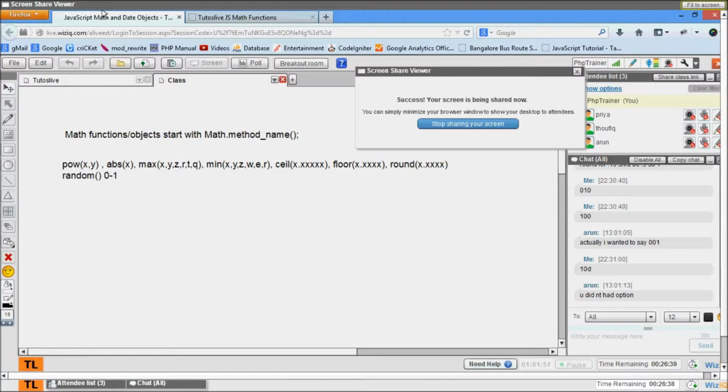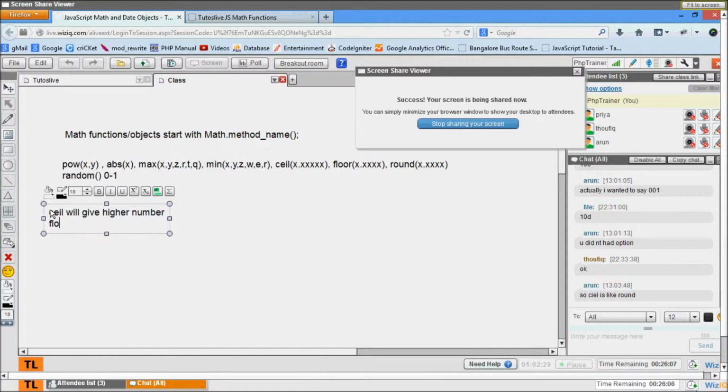Any questions here? So ceil, remember, will give the higher number. Ceil is like give me the top number.